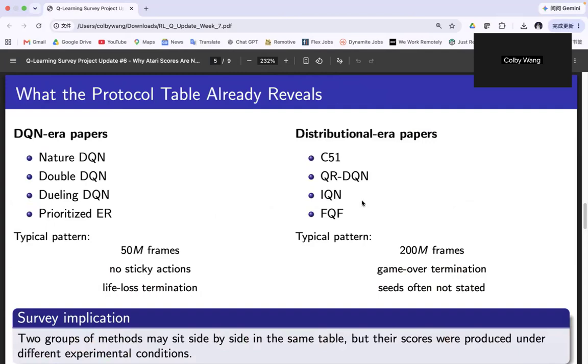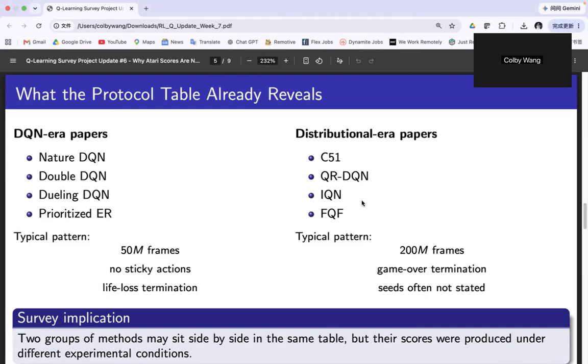Now, the table already reveals an important pattern. DQN-era papers such as Nature DQN, Double DQN, Dueling DQN, and Prioritized Experience Replay often use 15 million frames, no sticky actions, and life loss termination. Later distributional-era papers such as C51, QR-DQN, IQN, and FQF often use 200 million frames and game over termination, so seed counts are often missing.